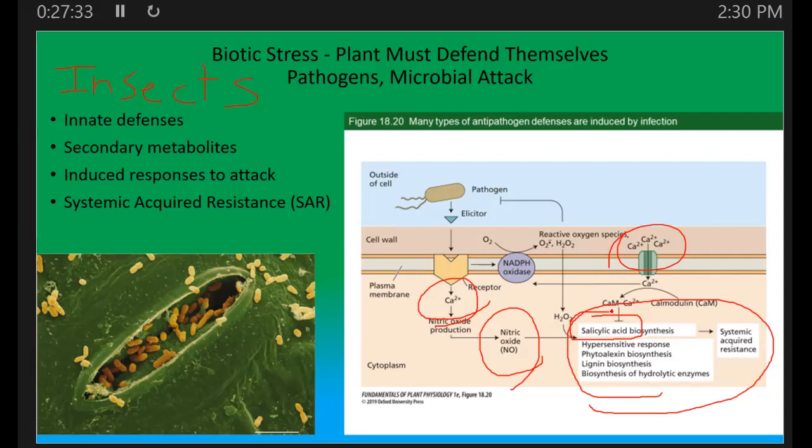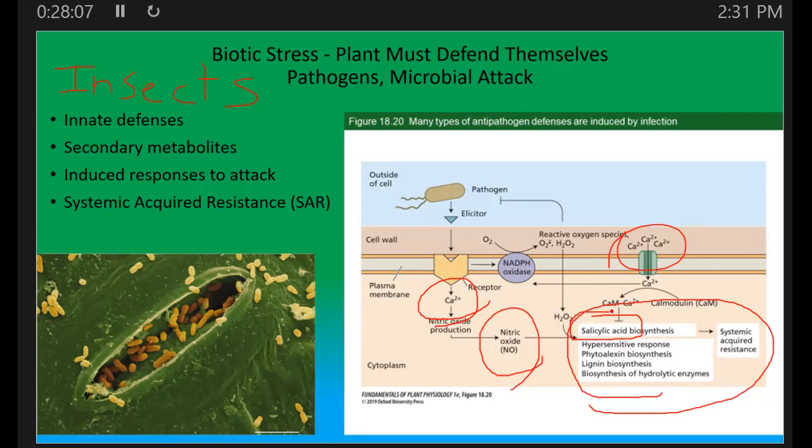Okay, and so there'll be different hormones, different signaling pathways. And then the phrases below that: hypersensitive response, phytoalexin biosynthesis, lignin biosynthesis, biosynthesis of hydrolytic enzymes. These are all options that the plant has, ways to defend themselves, okay? And I can't get into the details of all of those, but they're very different strategies. So I just want to impress on you that the plant has kind of a toolbox of ways to deal with this.